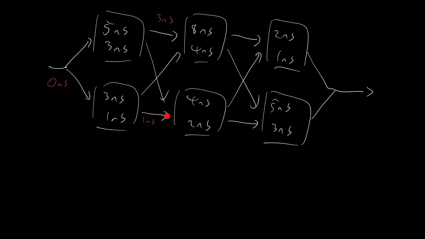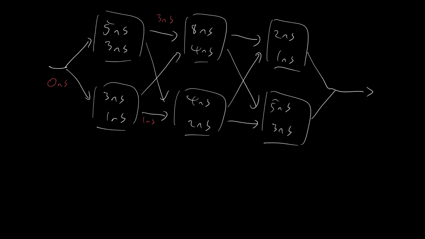This label is not on this arrow, but it refers to the output of this logic gate here. So the input to this logic gate first changes at time 1 nanosecond. Similarly, the input to this logic gate down here first changes at 1 nanosecond. This input changes after 3 nanoseconds, but the first change occurs at 1 nanosecond.